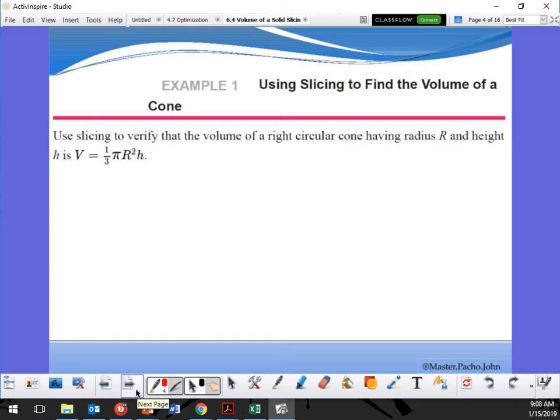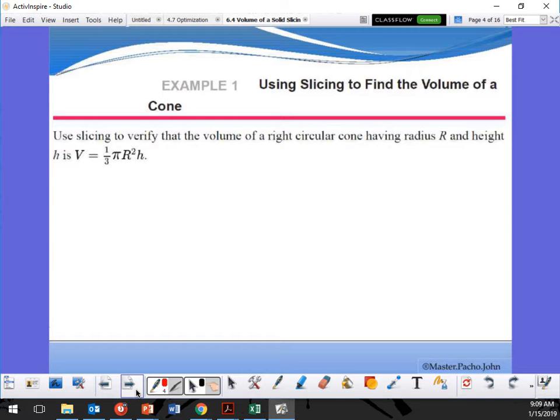Using slicing to verify that the volume of a right circular cone having a radius r and a height of h is going to be this. A cone. What would a cross section of a cone be? It'd be a circle, right?